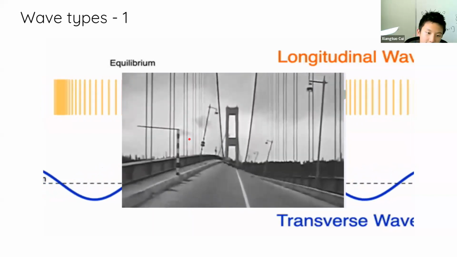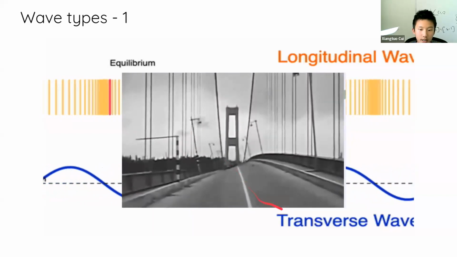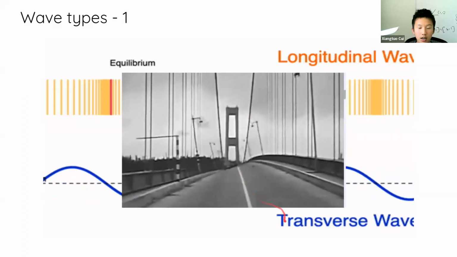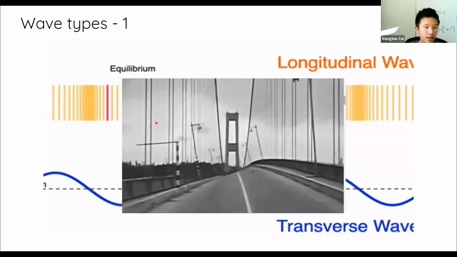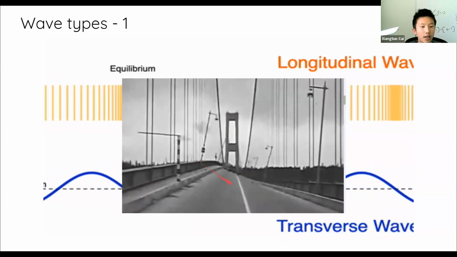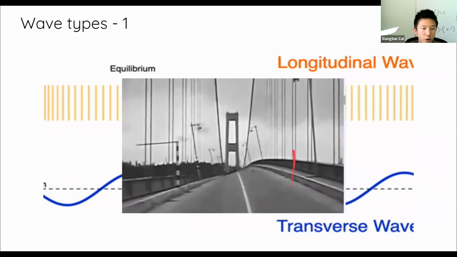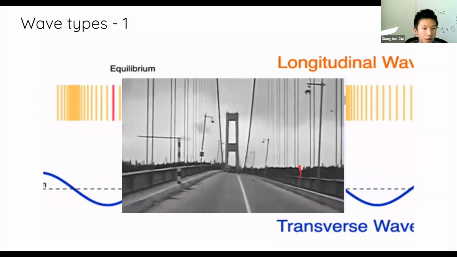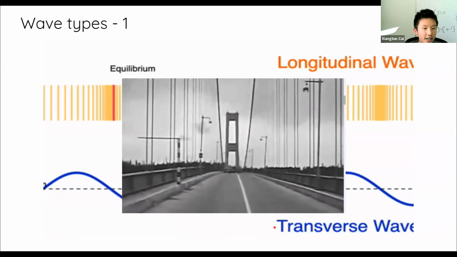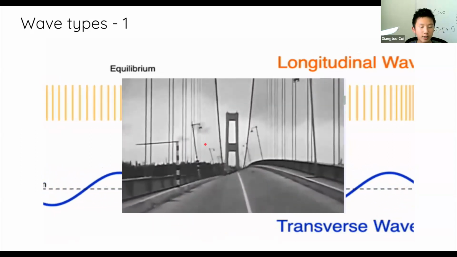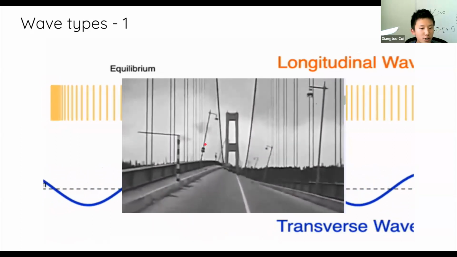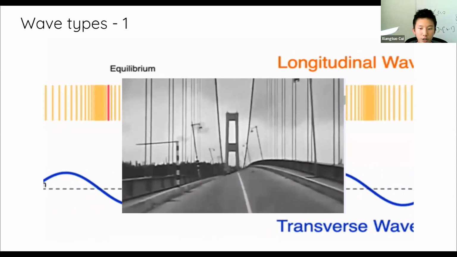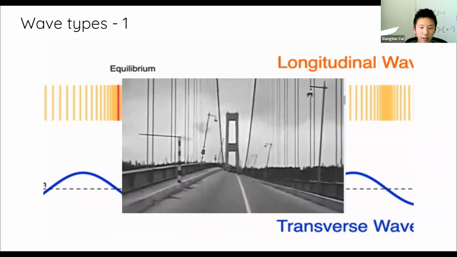One famous incident you can see here is the torsional wave on this bridge. This is called the Tacoma Bridge, I think. Because of wind, it started having these torsional motions that eventually caused the bridge to be destroyed by the wind.